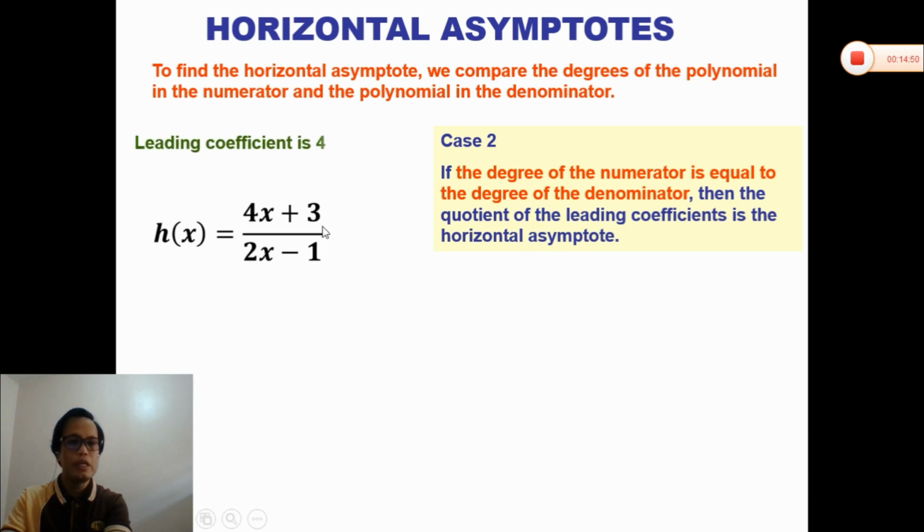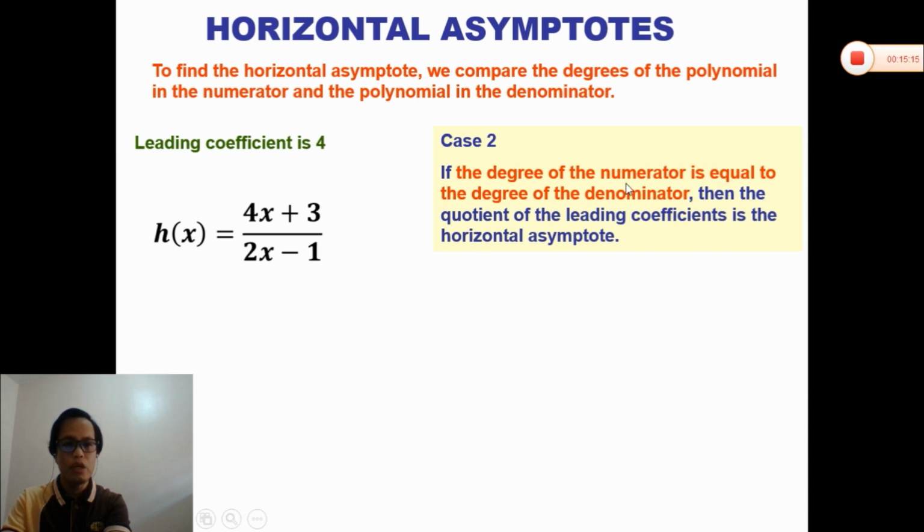If we compare the degrees, in the numerator our degree here is 1, while in the denominator, 2x minus 1, our degree here is also 1. That means the degrees are equal.